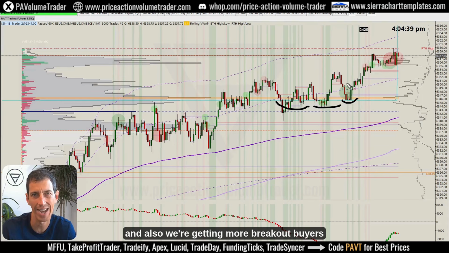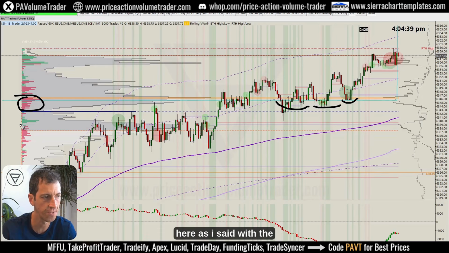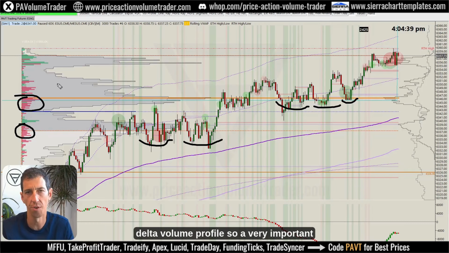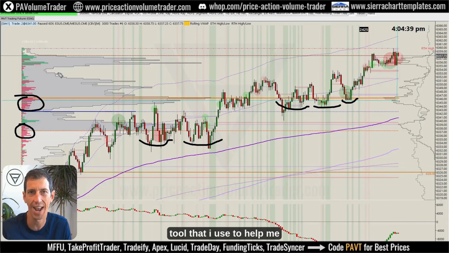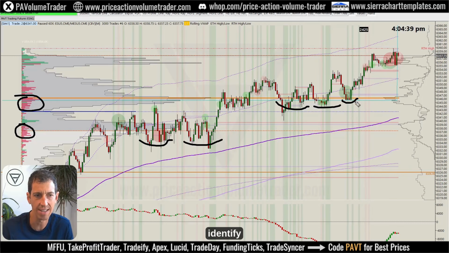And also we're getting more breakout buyers coming in, and that's all confirmed here, as I said, with the delta volume profile. So a very important tool that I use to help me identify potential trap traders and reversals in the market.